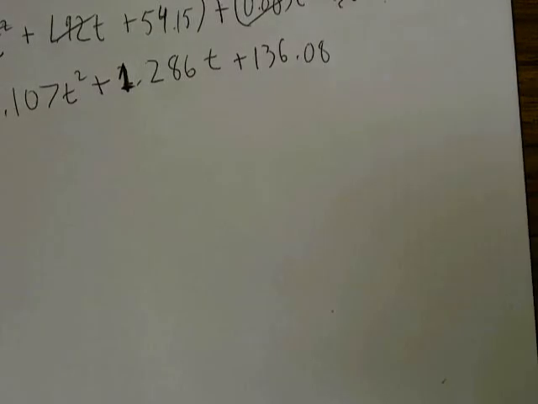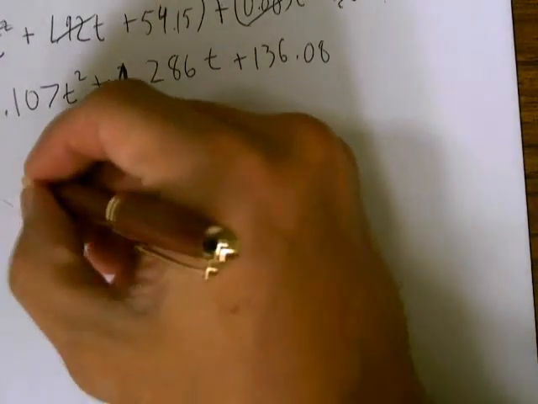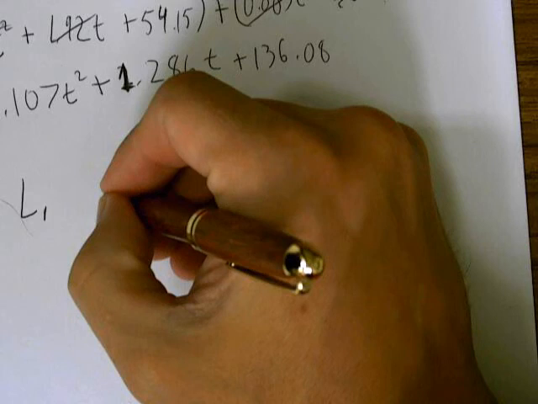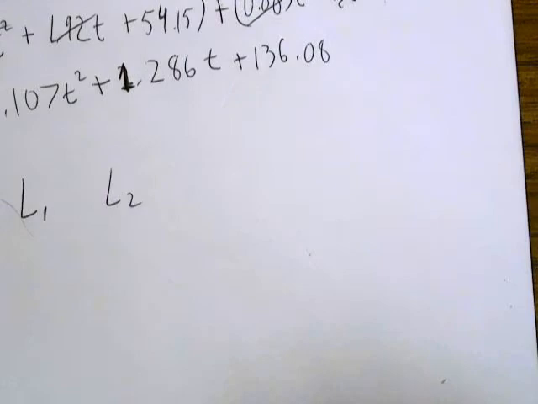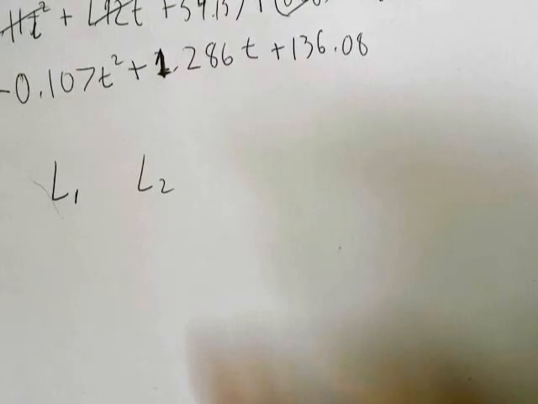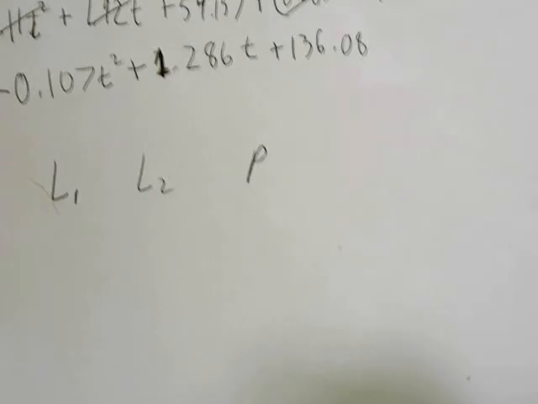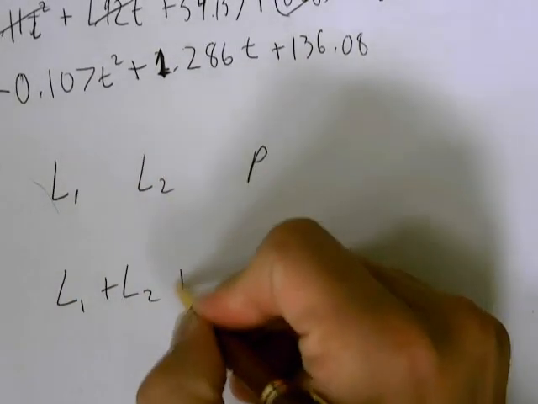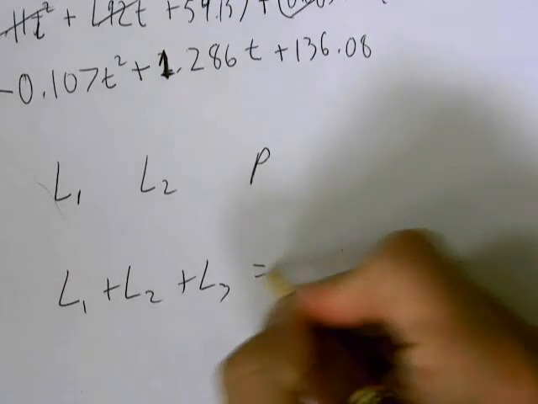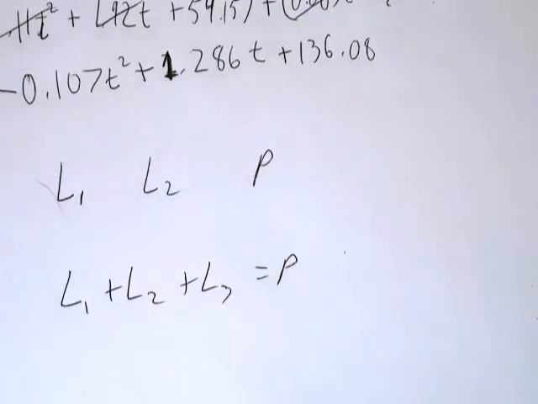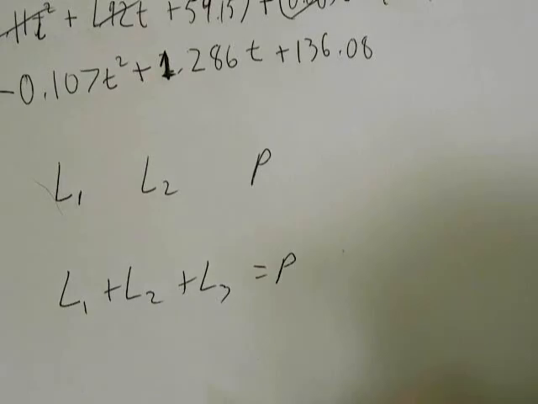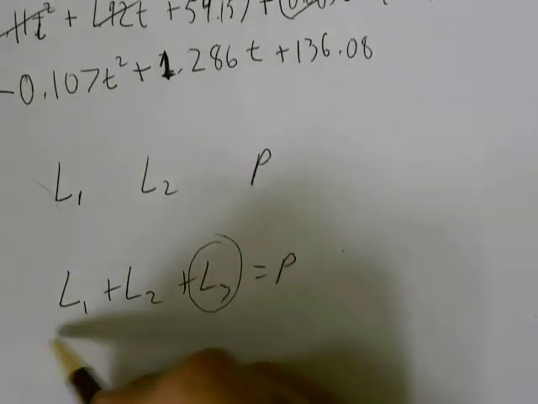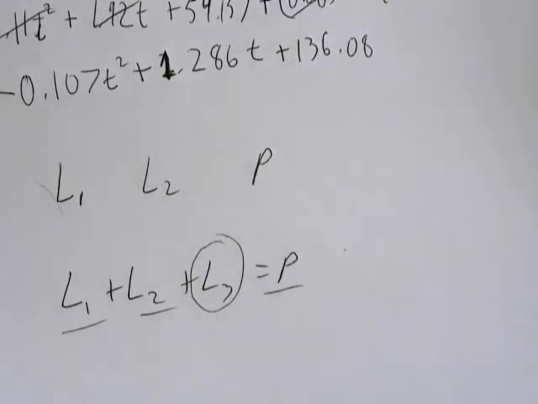Well, if I say length 1 and length 2, and perimeter, well, length 1 plus length 2 plus length 3 equals perimeter, right? And it tells you to find the missing side. We know an expression for those three.